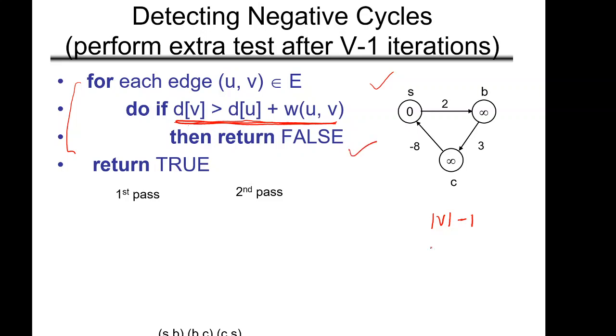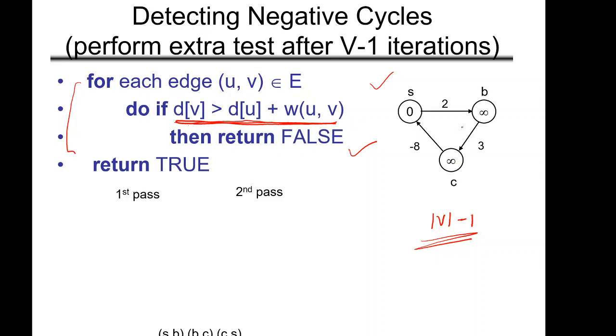Why? Because we already ran this v minus 1 times, so whatever weights are written on the nodes are the shortest path weights. If we are still finding a shorter path, then definitely there is a problem, and the problem is that there exists a negative weight cycle which is reachable from S.